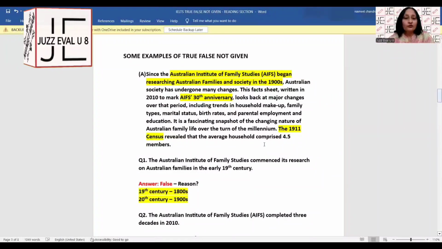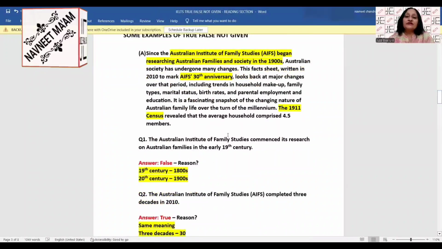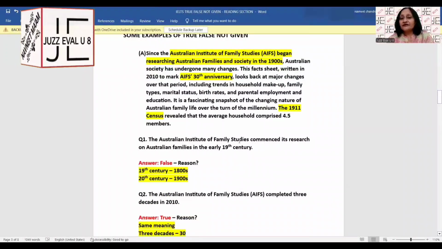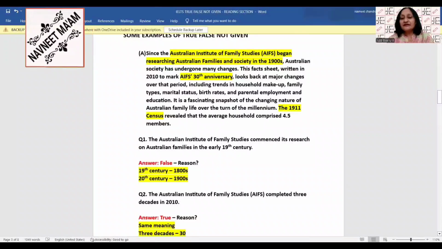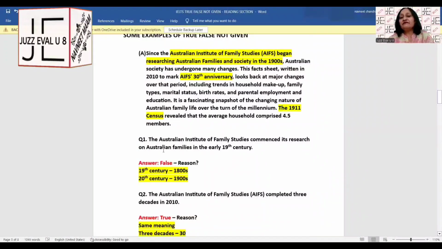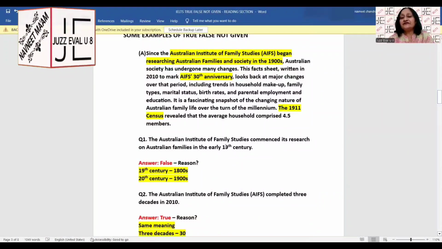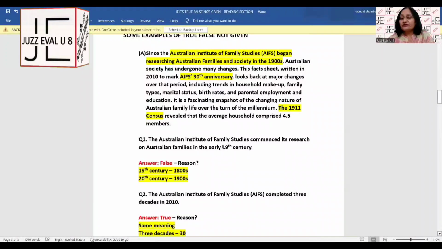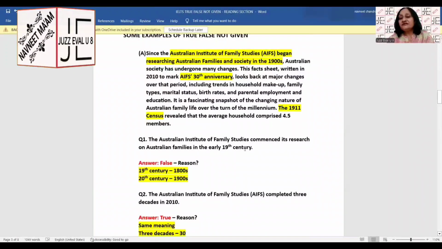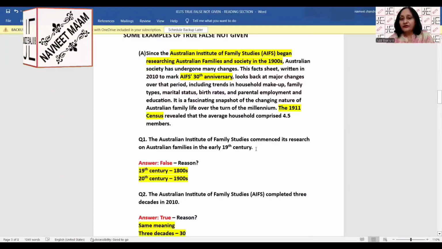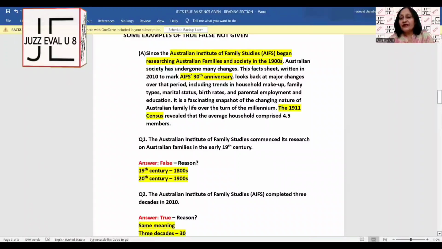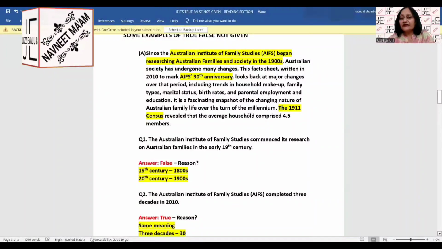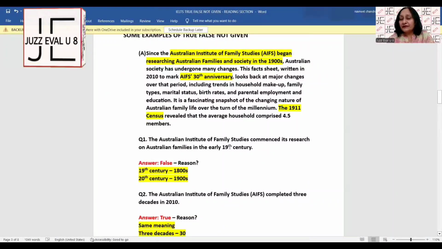Now, this is the passage. And first of all, what you need to do is read the question. Read the first question. So what does it say? The Australian Institute of Family Studies commenced its research on Australian families in the early 19th century. So, what is it talking about? The 19th century. So, where do we need to go? We need to go here, 1900s. Do you think 1900s and 19th century is the same?